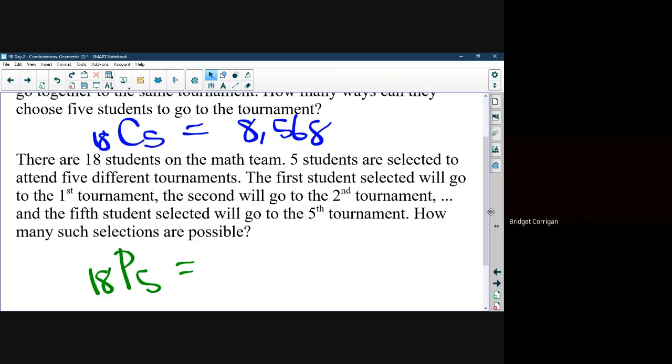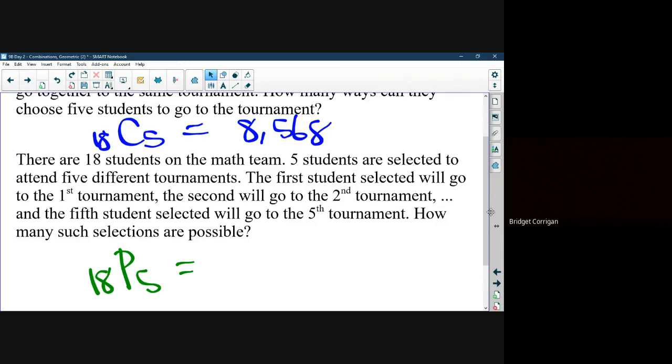Okay, and you're going to notice choosing 5 students out of 18 is a lot. There's over 8,000 different ways, but if you order them and you pick them a certain number of ways, there's a whole ton more options because you specifically order 5 students in a different way.